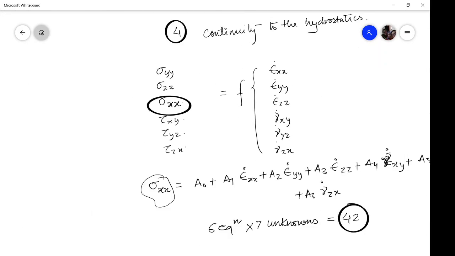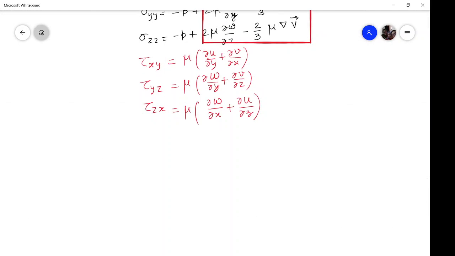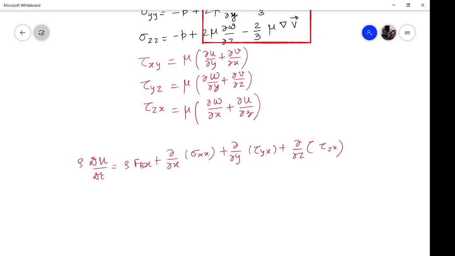So if you do this, then it is rho du by dt is equal to rho fbx plus del by del x of sigma xx. This was the equation. Plus del by del y of tau yx plus del by del z of tau zx.